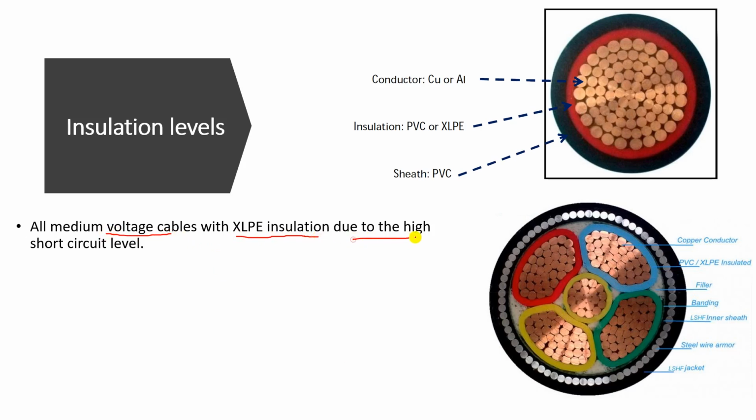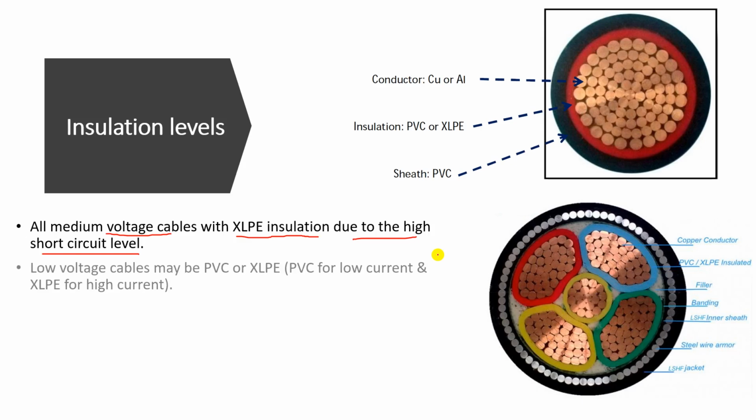Due to the high short circuit level in the medium voltage. The currents are really high, which means we need an insulation which can withstand higher temperatures. During a short circuit we have a large amount of currents, which means high heat dissipation, which means high temperature. So the cross-linked polyethylene is better in this case.